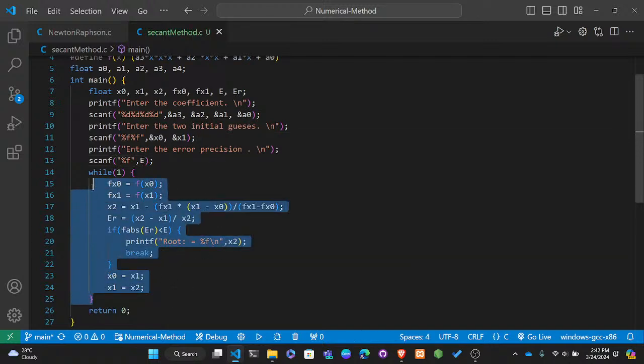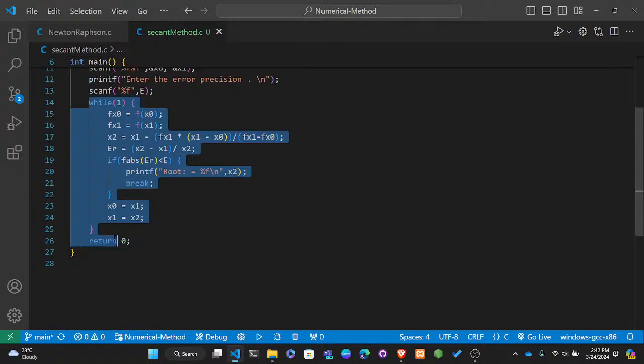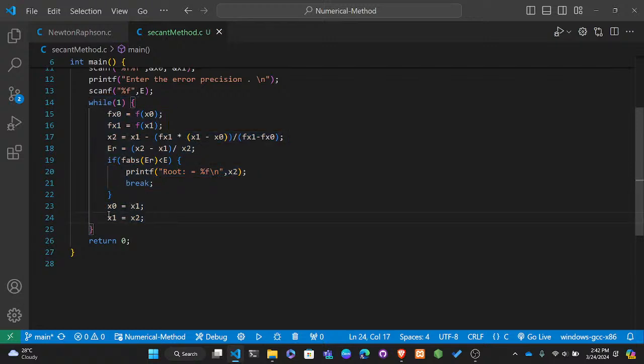If you are confused about why we are using a while loop here, I'm using it because our function will repeat again and again. If you look clearly here, our x0 is changed with x1 and our x1 is changed with x2.